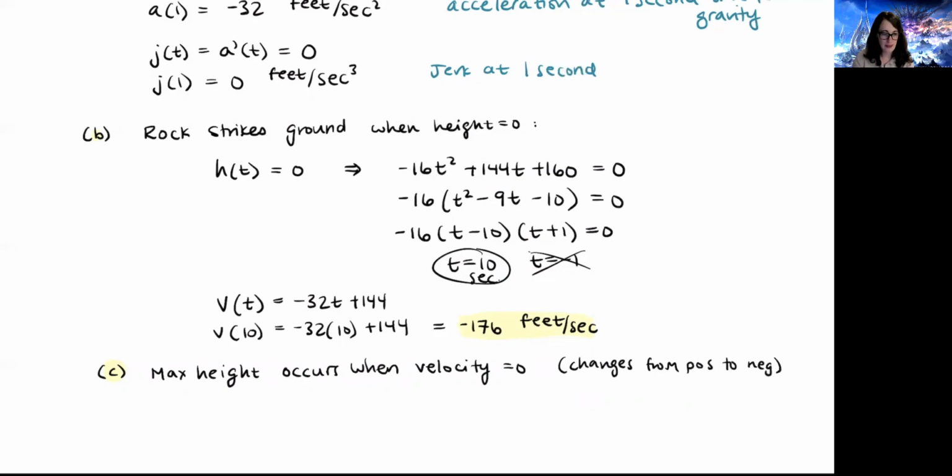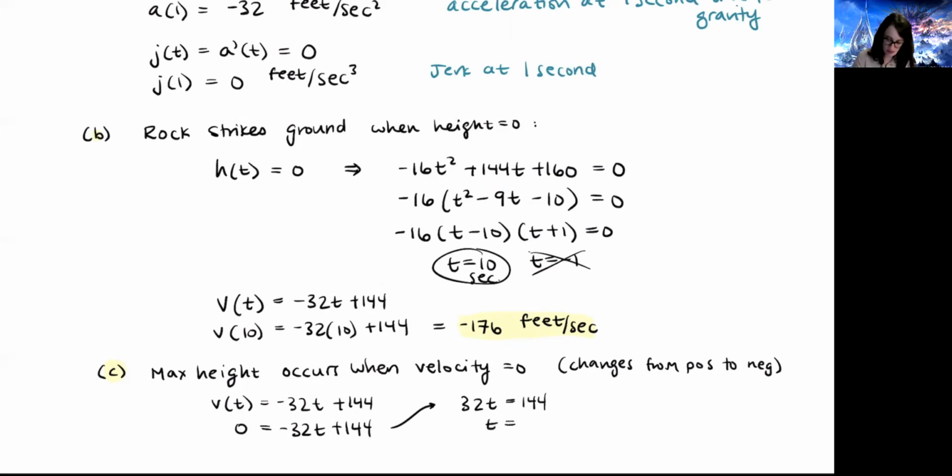So if we set the velocity function, negative 32t plus 144, equal to 0 and solve for t, we get 32t equals 144. We divide 144 by 32, and we get 4.5 seconds.